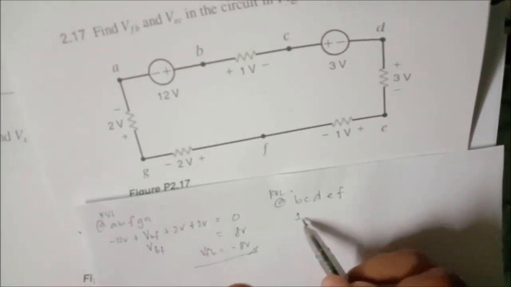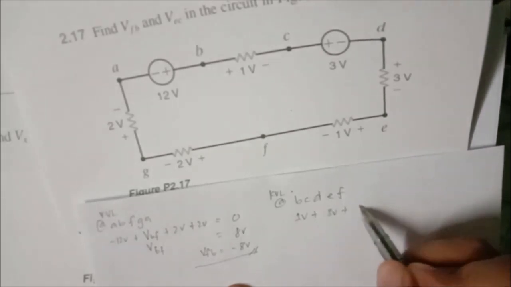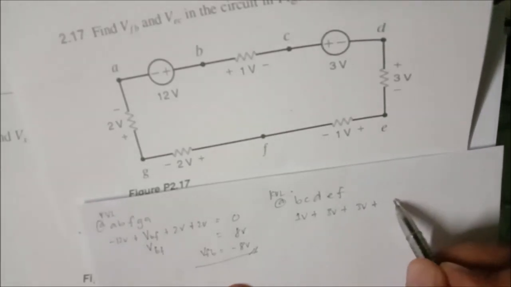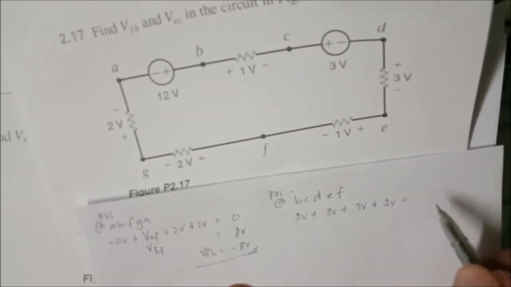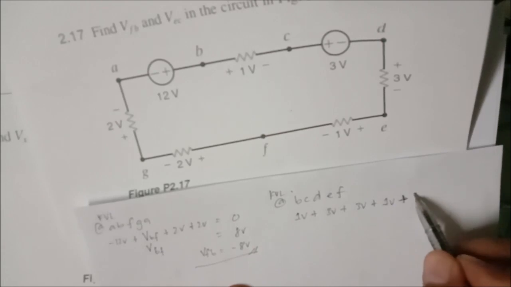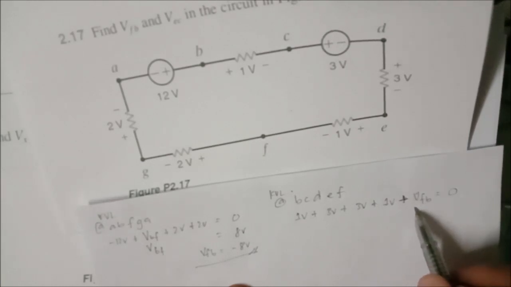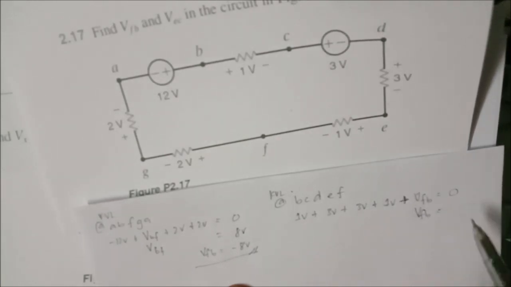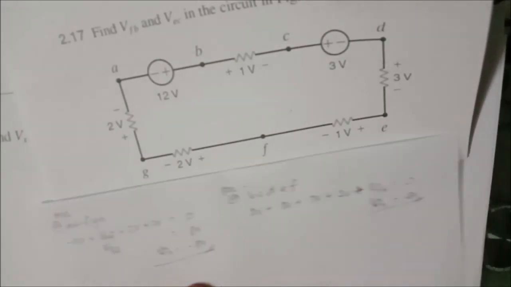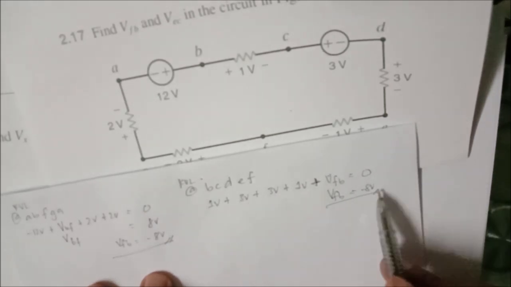So, 1 volt plus 3 volts plus 3 volts plus 1 volt is equal to plus V sub FB is equal to 0. So, V sub FB is equal to negative 8 volts. So, 3 plus 3 plus 1, 8. Lipat mo sa kabila, maging negative.